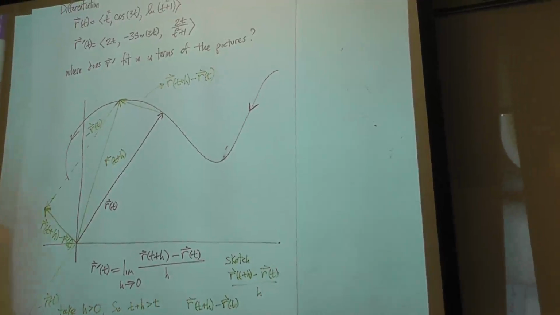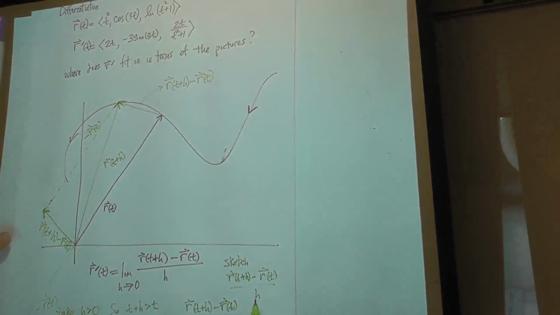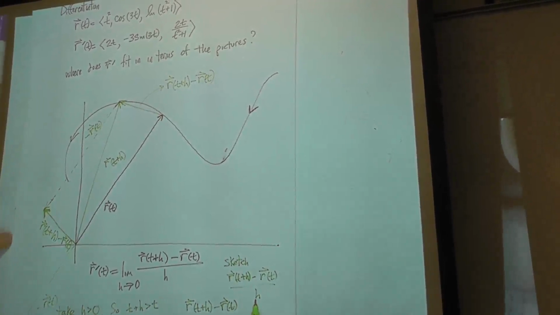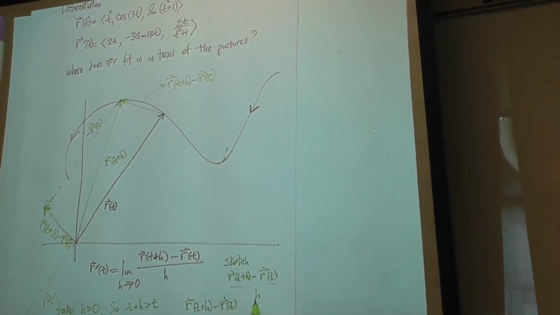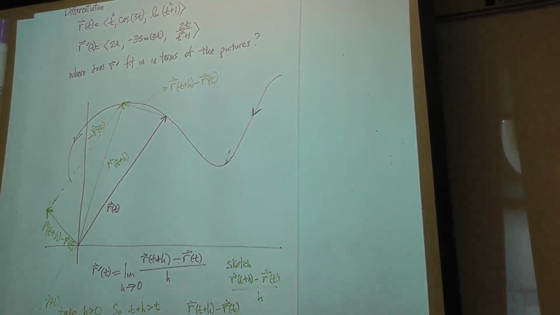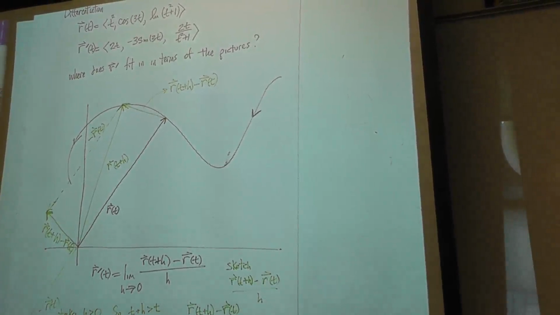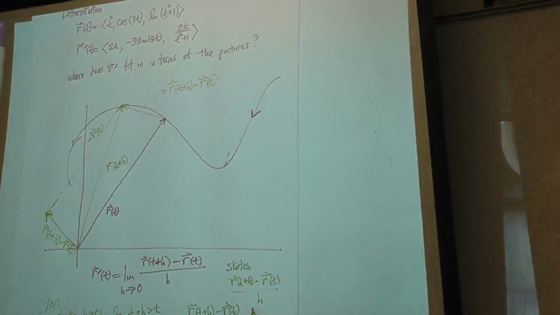Now what happens when you start dividing by h? What's that going to do to your vector? Keep in mind, the length, right? It's going to change its length. It's not going to change its direction because h is positive.